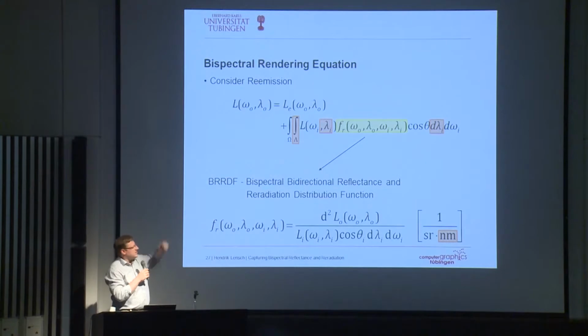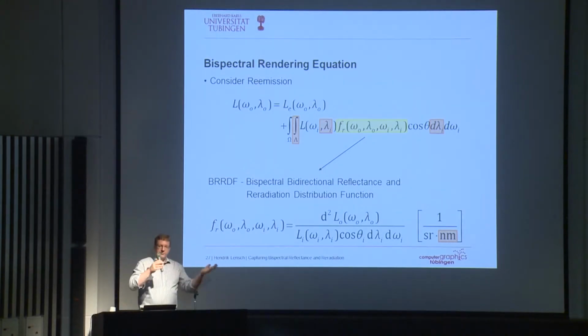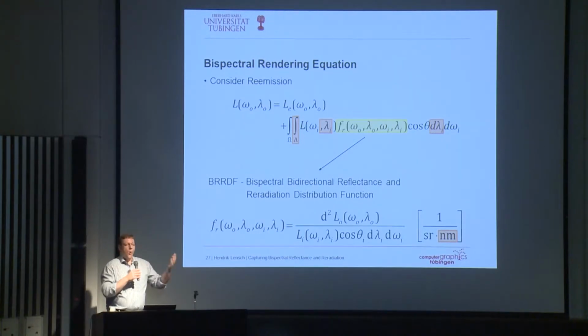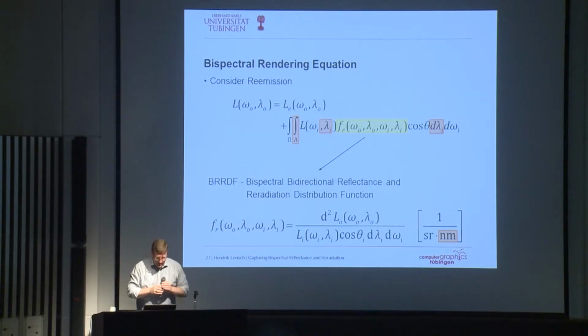And now of course you have this double integral both over the space of all incoming directions as well as of all incoming wavelengths. By that you also changed the unit of this term. So how do we measure that?